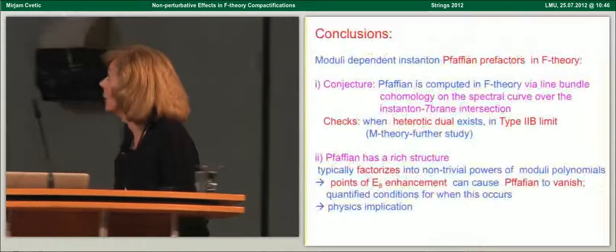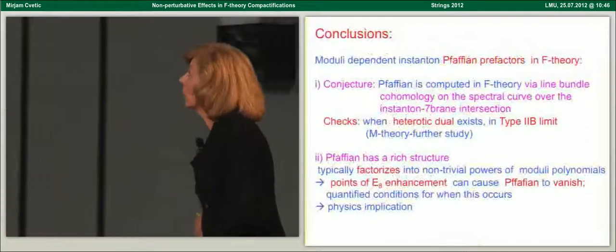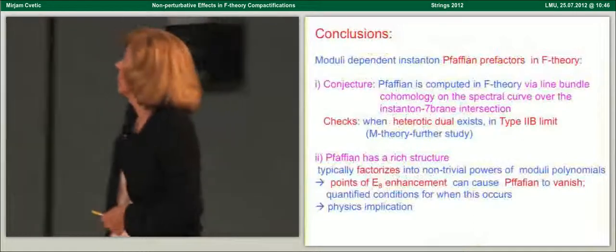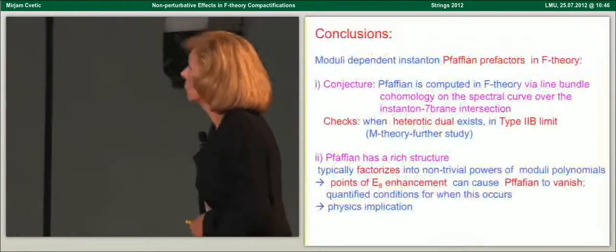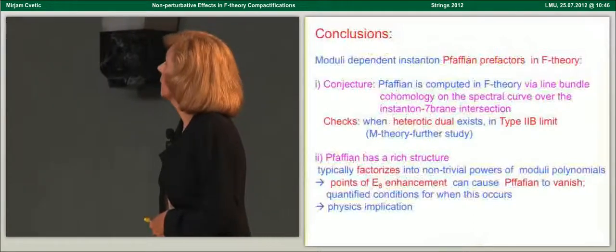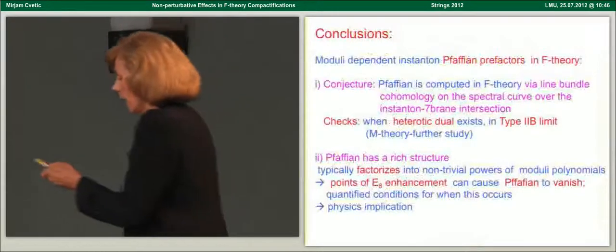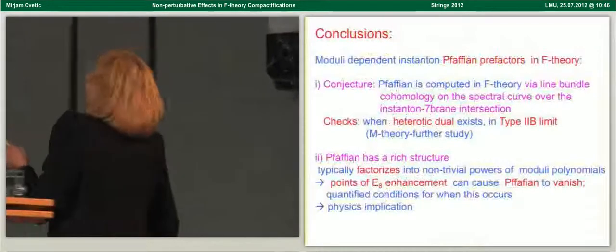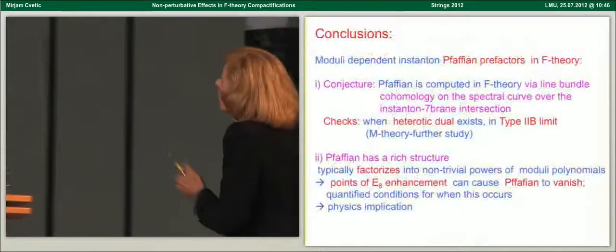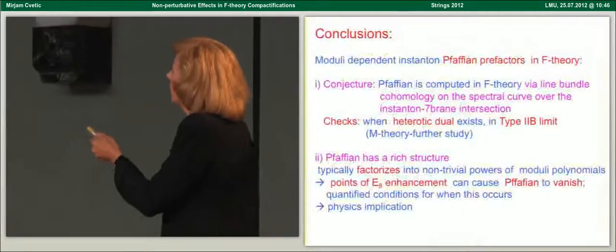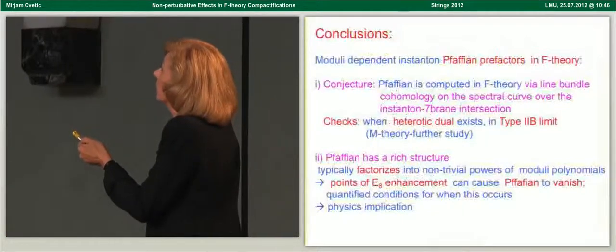Anyway, let me conclude. I tried to focus on some of the effects that we get due to instantons in F-theory, and I tried to present the most recent results where we are approaching the study of Pfaffian prefactors in superpotentials.